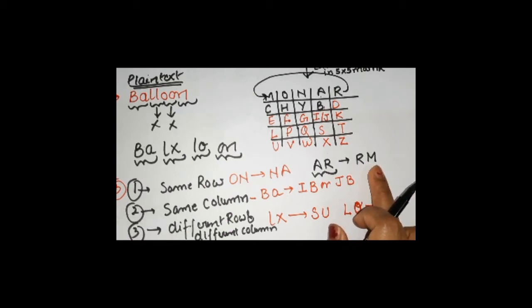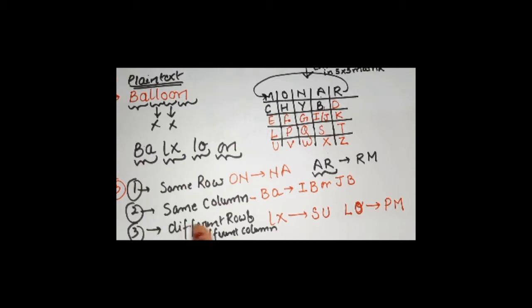Therefore, completing the entire standard rule: two plain texts that fall in the same row of the matrix are each replaced by the letter to the right, with the first element of the row circularly following the last.